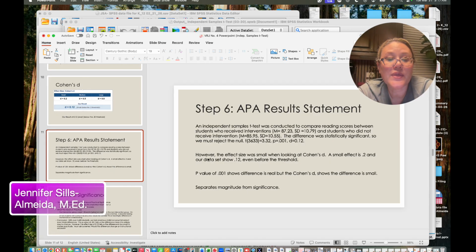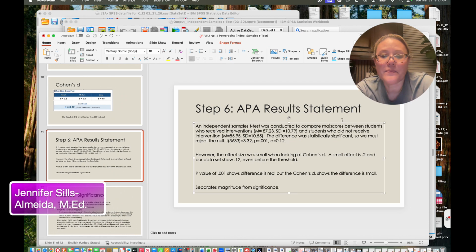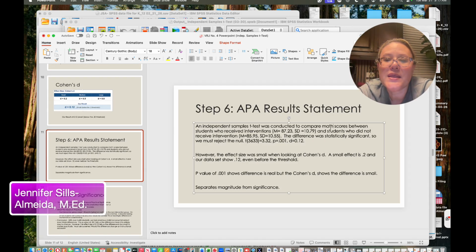When we're looking at that, we have the students with interventions, sorry, in math. Students that had interventions, their mean was 87.23. The ones without intervention was 85.95, with a standard deviation of 10.55, and a standard deviation of 10.79 for the students that had intervention.